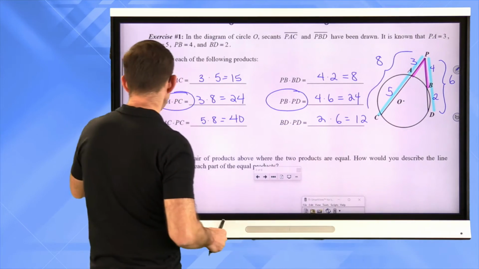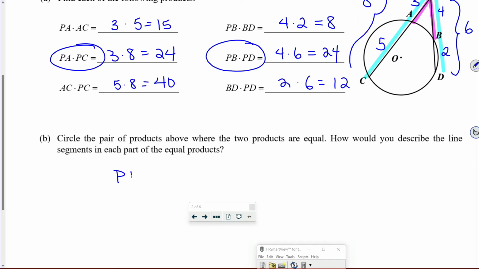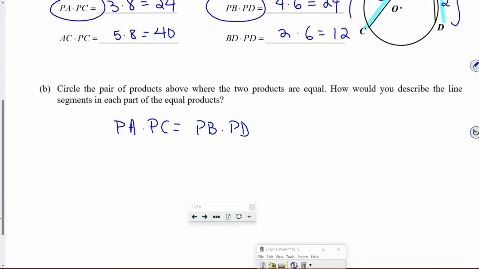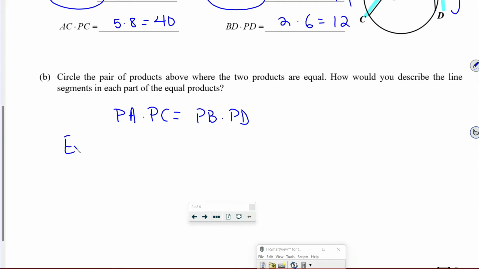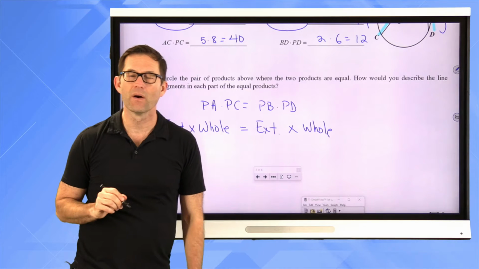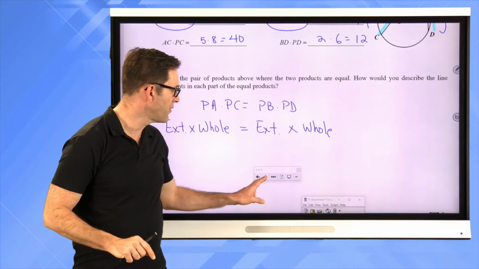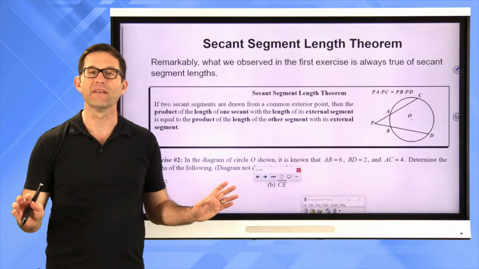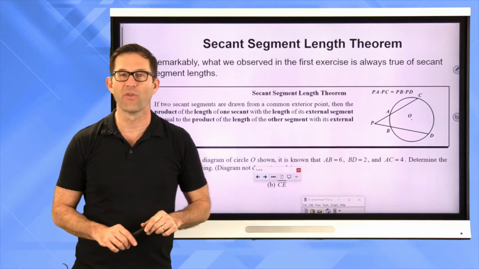Let's write that down: PA times PC is equal to PB times PD. It looks like exterior times the whole is equal to exterior times the whole. Interestingly enough, that is always the case. The secant segment length theorem.